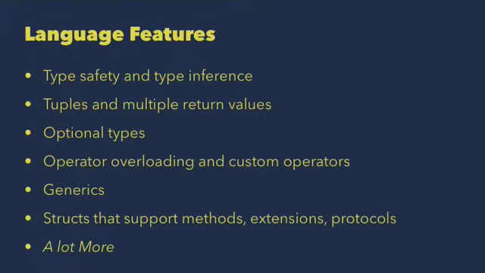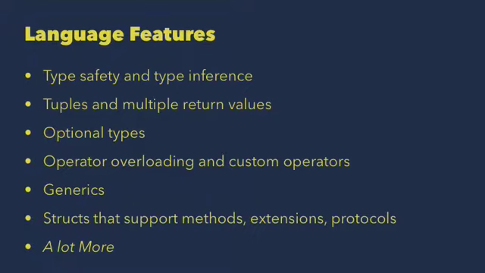Just now I mentioned that there are a lot more features in Swift than Objective-C. This is a list of the things that are not available in Objective-C and available in Swift. Swift takes in a lot of language features from modern languages of the last few decades. For example, type safety and type inference.